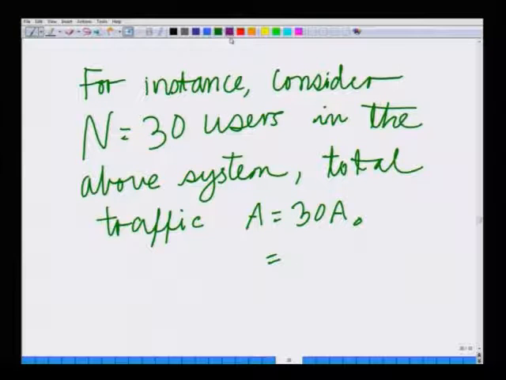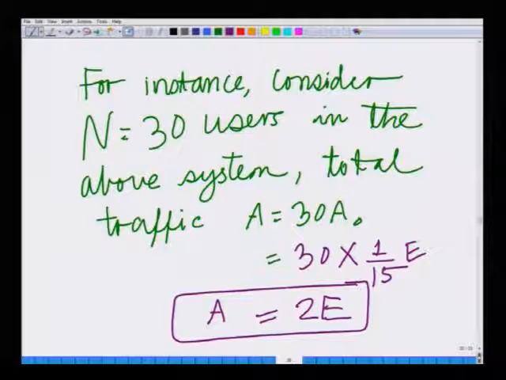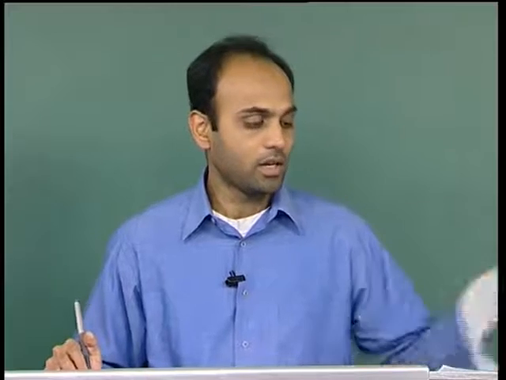We said the traffic per user A naught is 1 over 15 Erlang, hence this is 30 times 1 over 15 Erlang, which is equal to 2 Erlangs of net traffic in this system.